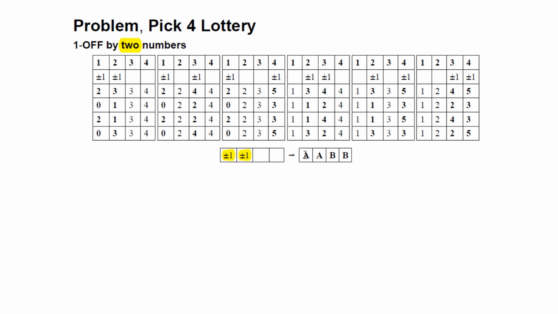And to know how many permutations we can have in such a case, because order is important, we can use permutation with identical items. So we have 2 identical items with 2 identical items. We apply the formula: 4 factorial divided by 2 factorial times 2 factorial, which is equal to 6.